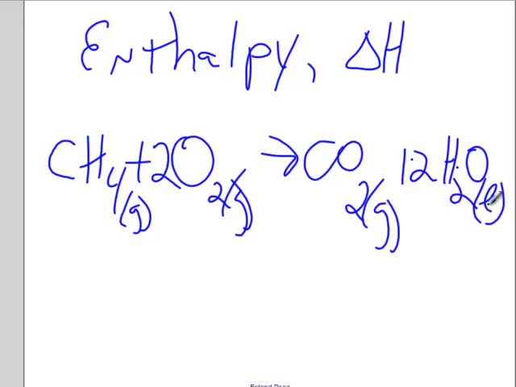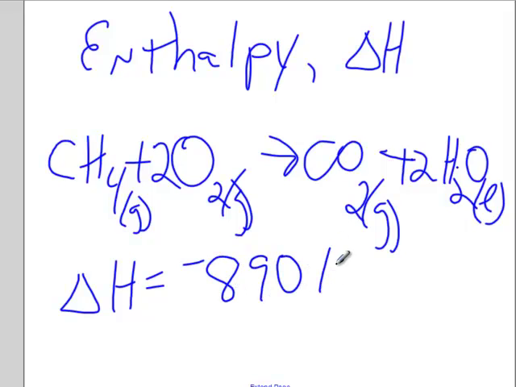If I put gaseous water there, that would be different. Now, I can look up that the delta H for this reaction, the enthalpy of this reaction, is negative 890 kilojoules. Negative means, remember, that this is exothermic. Heat is being given off by the reaction.